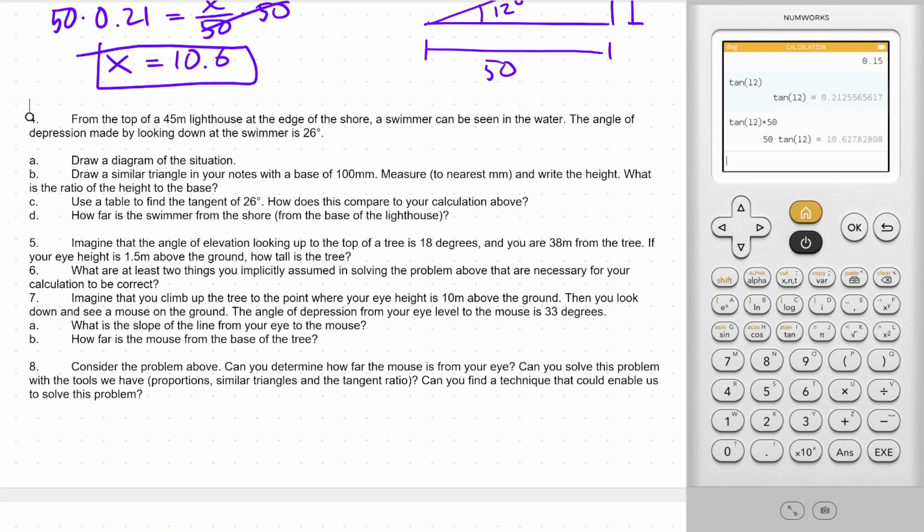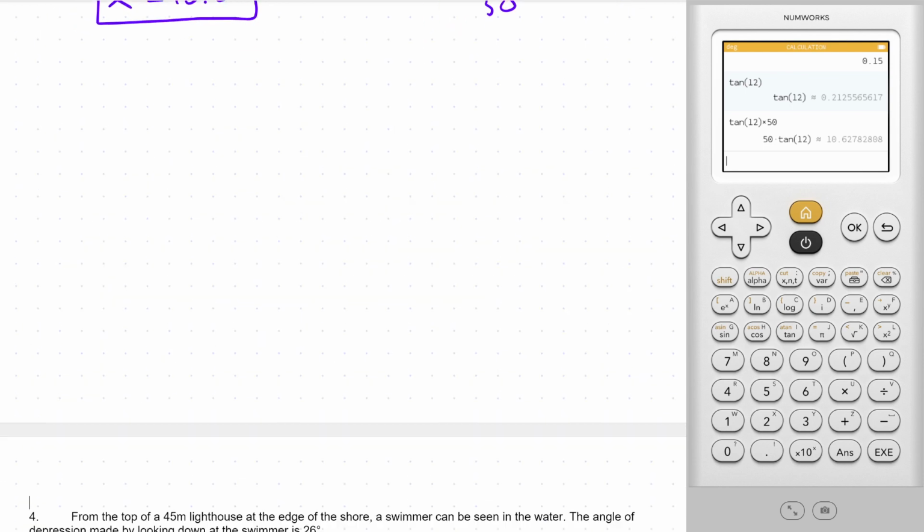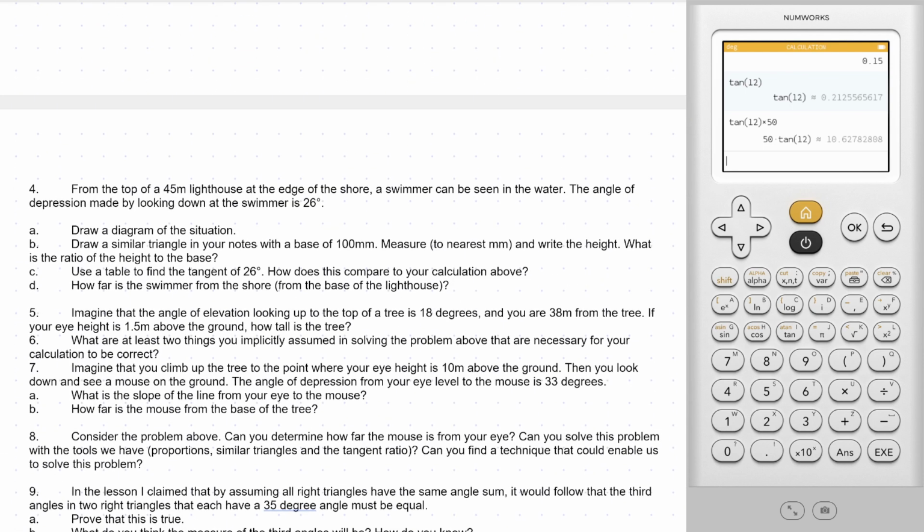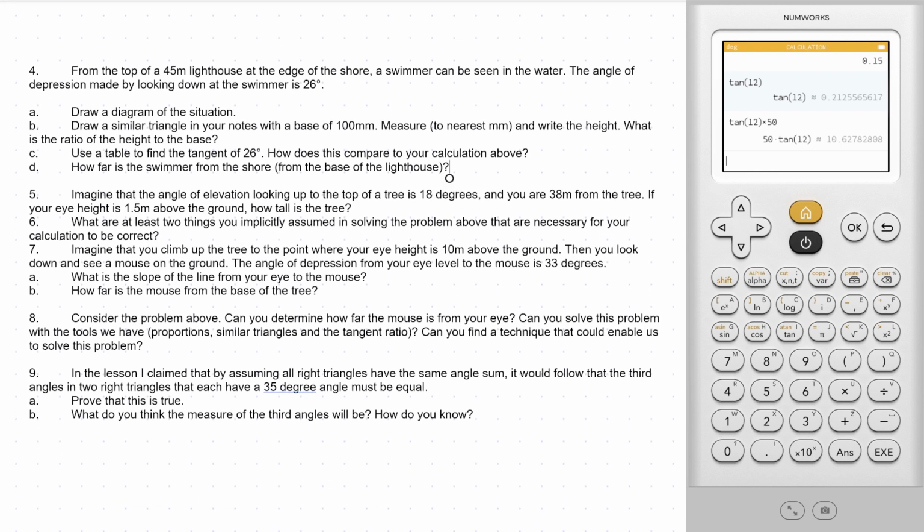For number 4, I'm actually going to do this again, give myself plenty of space to work with.